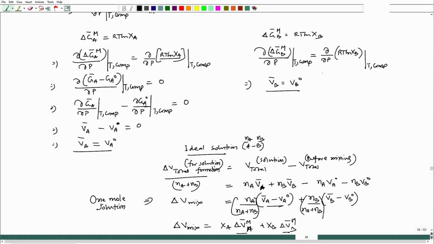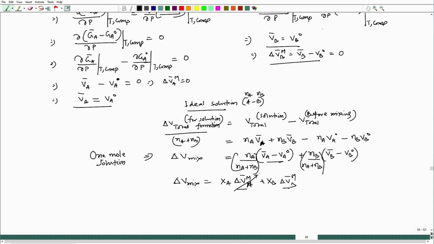In fact, from here, delta V A bar equal to V A bar minus V A naught equals 0, and from here also delta V M B equal to V B bar minus V B naught equals 0. So, we see that these two quantities are 0. Then delta V mix equals 0.